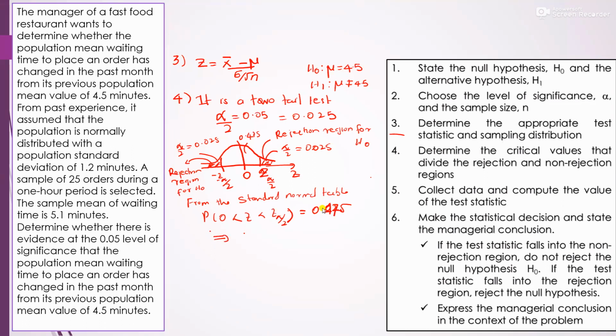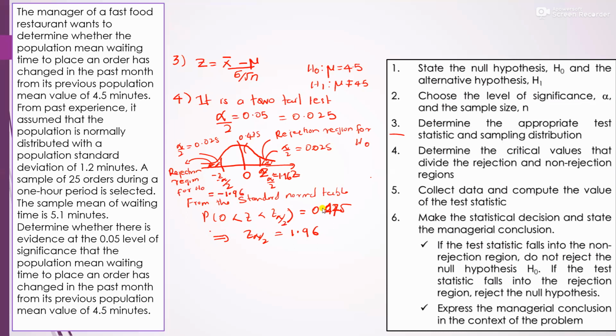From this we have Z alpha by 2 equal to 1.96. Okay? So this is 1.96 and this is minus 1.96.